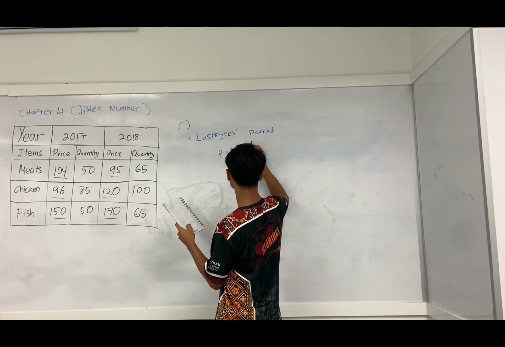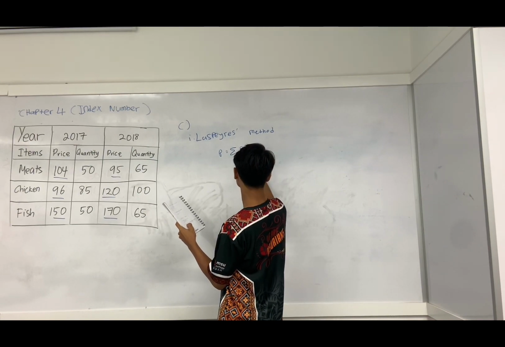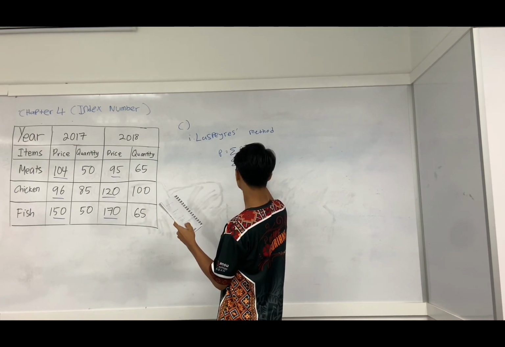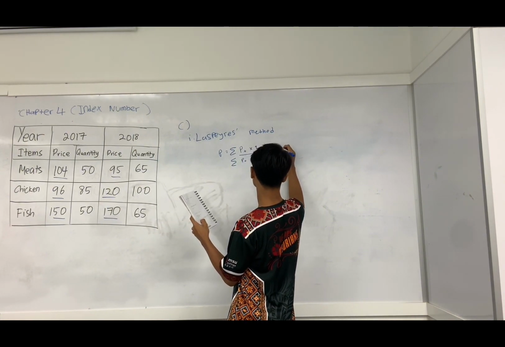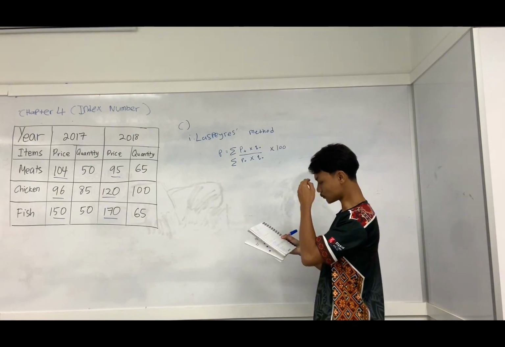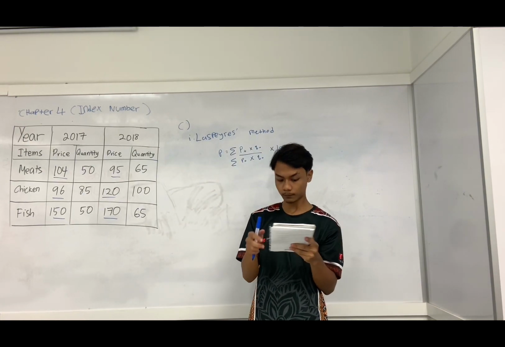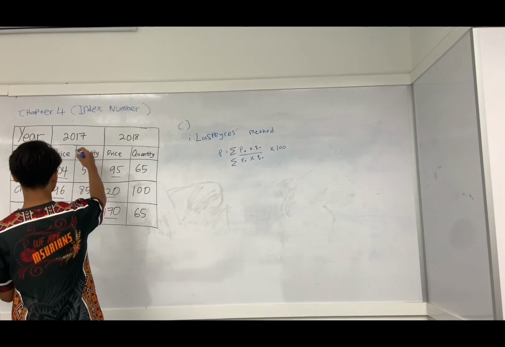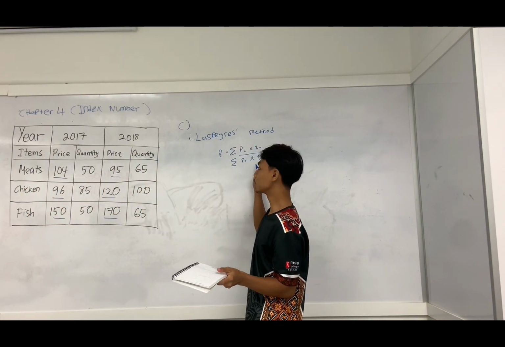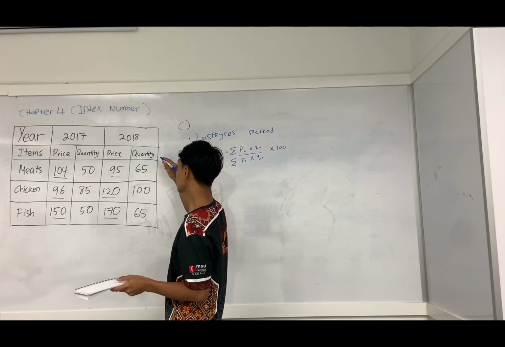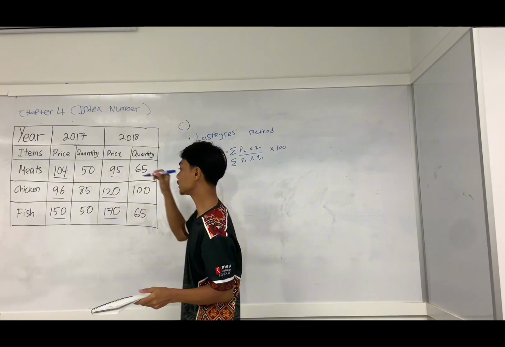PT multiply Q0 over P0 multiply Q0 multiplied by 100. So for Laspeyres method, we need to combine all price and quantity. Follow the formula, all price and quantity in 2018 and 2017.